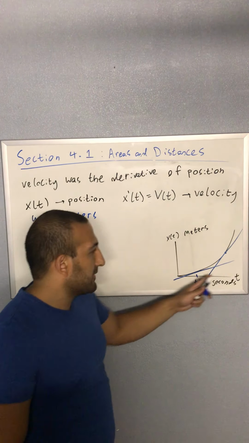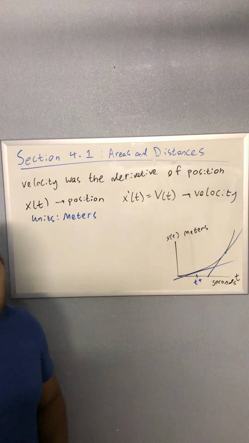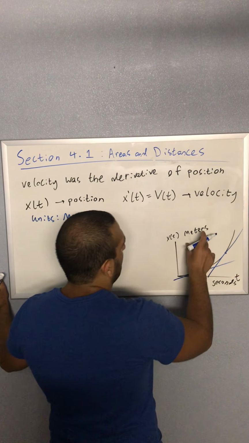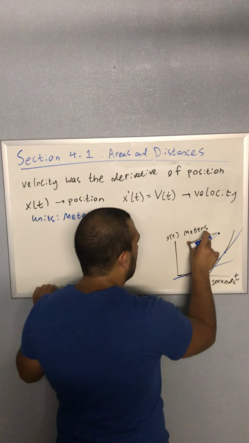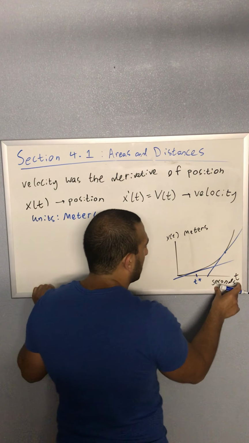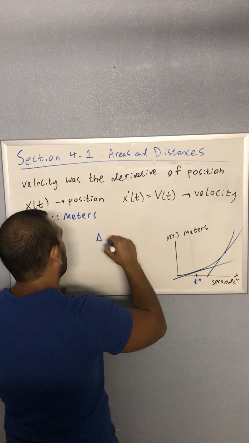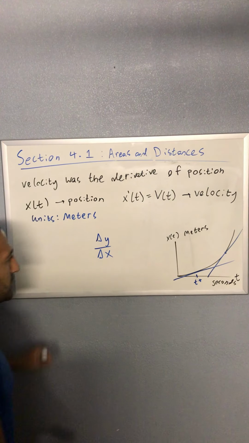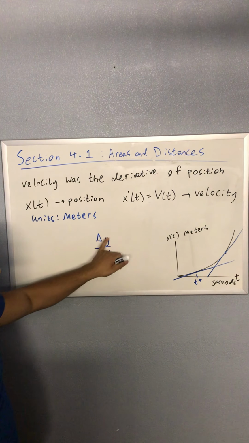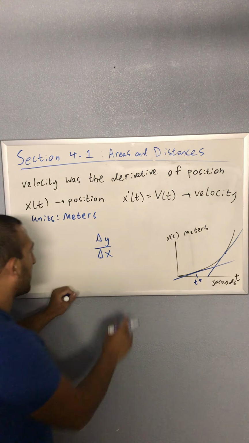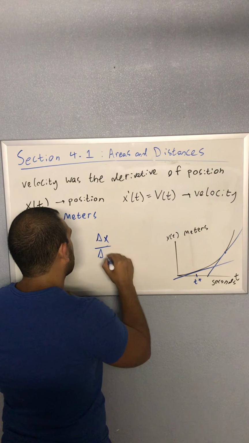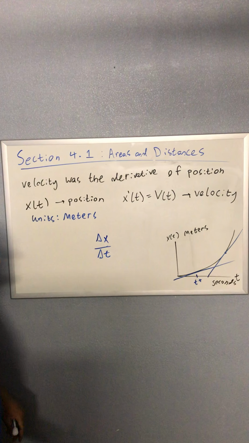But these values are slopes, right? And if you think about in general what a slope is, it's a change in your y coordinates divided by the change in your x coordinates, right? It's delta y over delta x, which in this case, y is x and x is t. So maybe it's a little confusing, but our outputs are x and our inputs are t.